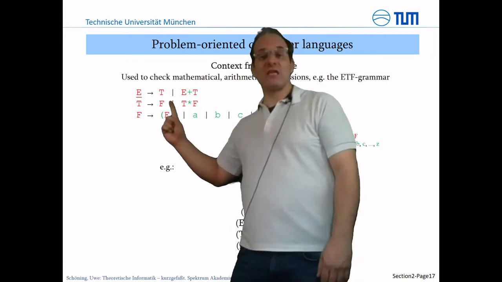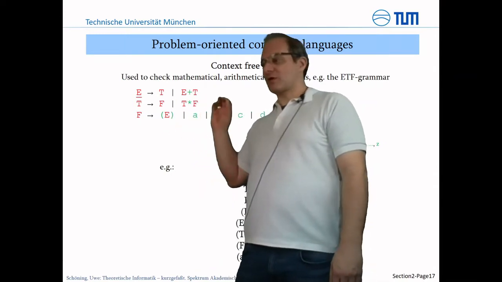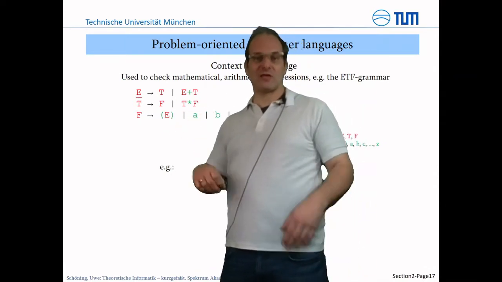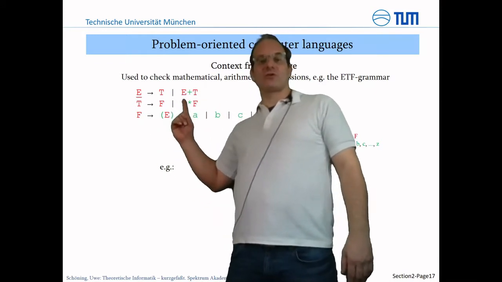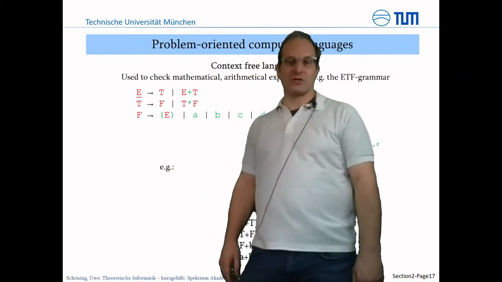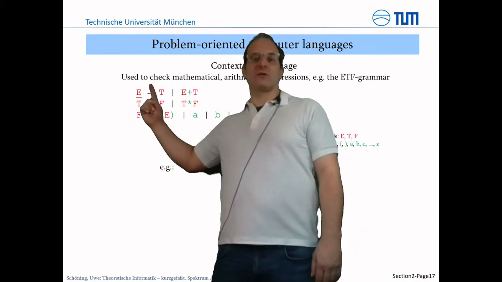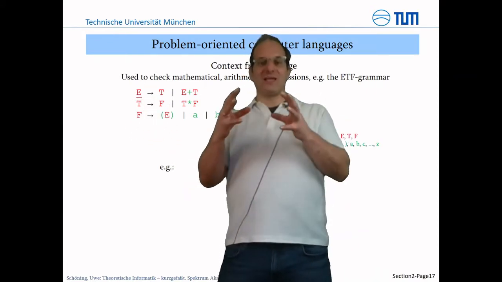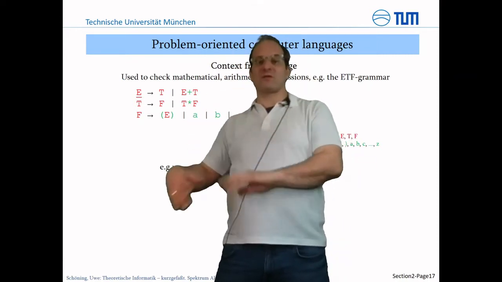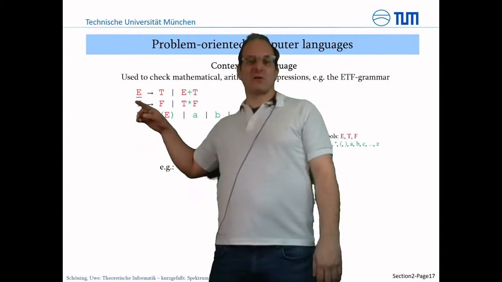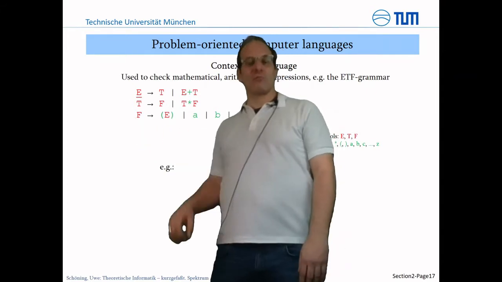So this combination of three elements here is not part of the possibilities of regular languages, because now we have a non-terminal, a terminal, and a non-terminal in combination. But it's context free because we always replace it here. So we have no special pattern which must exist for us to do the replacement. Each time we find an E, so if for example here there's an E again, then we replace it.